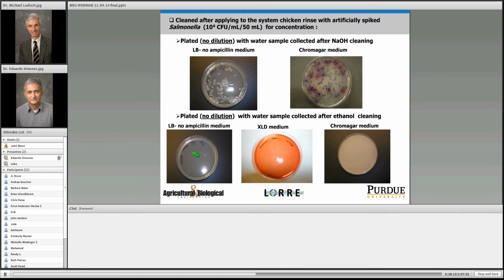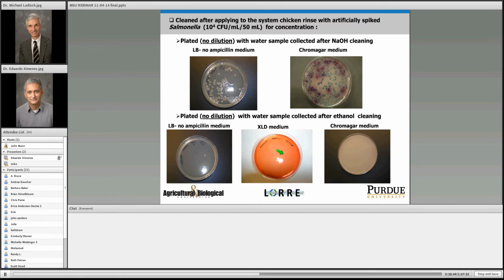Because if you see the picture in the middle and the last picture, where we plate the sample collected after this step in XLD medium, which is another medium selective for salmonella, and the chroma agar, sometimes you don't see salmonella, but if you do the plating on non-selective media, you can sometimes see 1 or 2 cells that could survive both treatments.